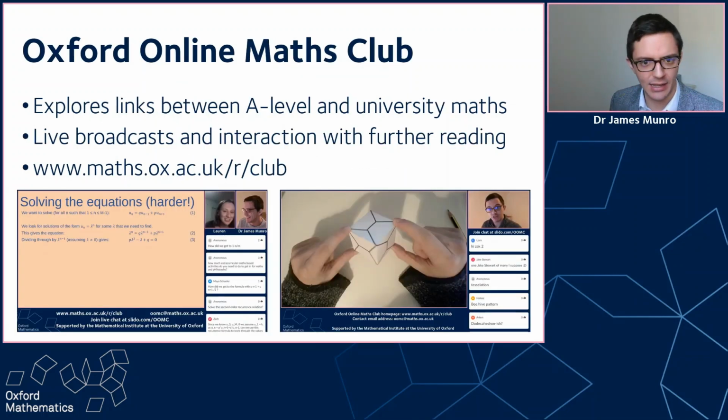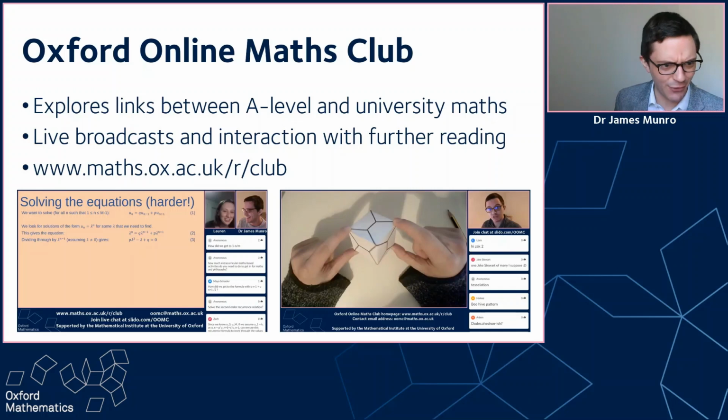Finally, in a shameless bit of self-promotion, I've got the Oxford Online Maths Club, which I'm heavily involved with organising and hosting. We're exploring links between A-level and university maths. It is specifically targeted at prospective applicants who are interested in finding out a bit more about what maths at university might be like. We do live broadcasts every Thursday that are available to watch afterwards, and I suggest further reading of ways people can go and explore the subjects we've discussed a little bit more.